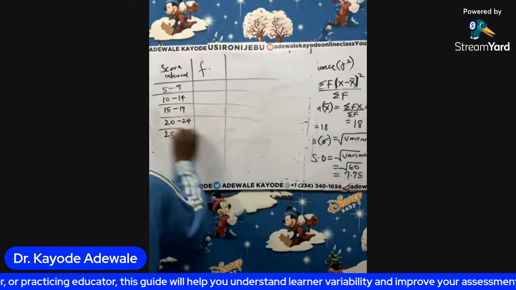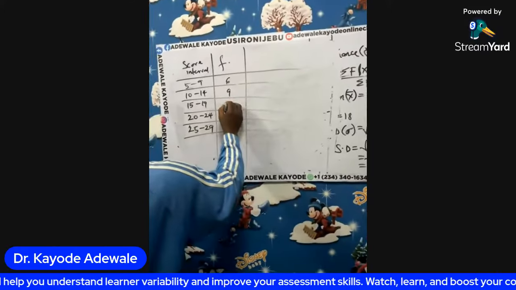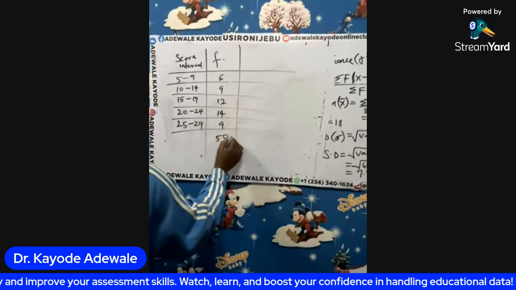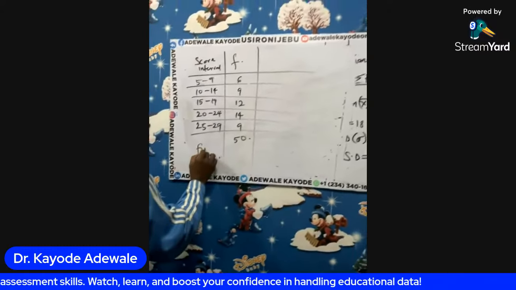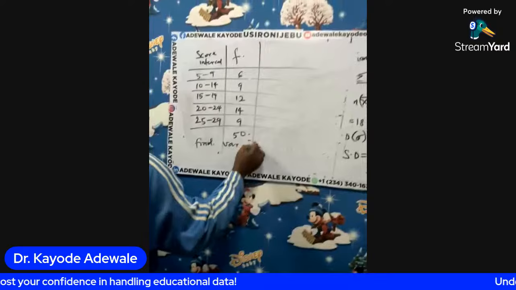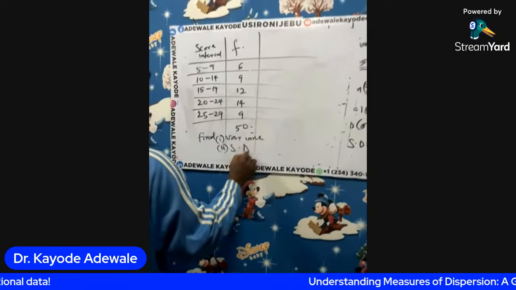This is very simple. Very simple. 6, 9, 12, 14, 9. And the total is what? 50. So find the variance. That's number one. Then number two, find the standard deviation.